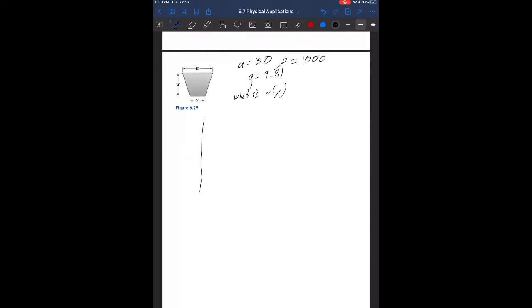So taking this and just drawing a picture. Let's just put the coordinate system smack dab in the middle of the bottom. So we have 10, negative 10, and 10 there. It's extending up.